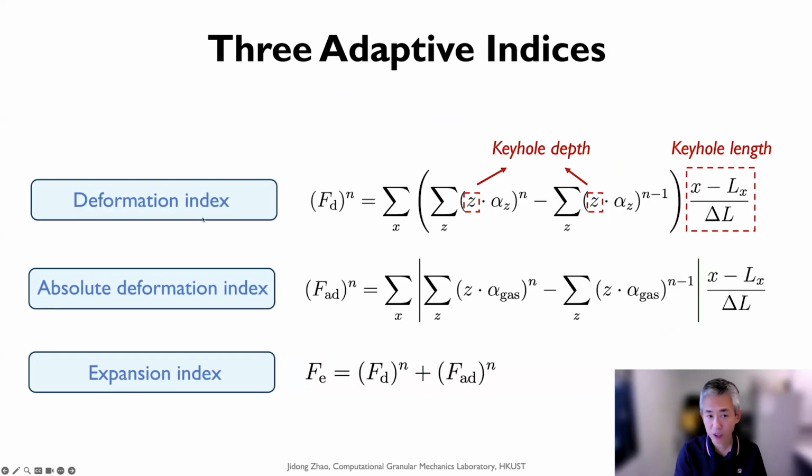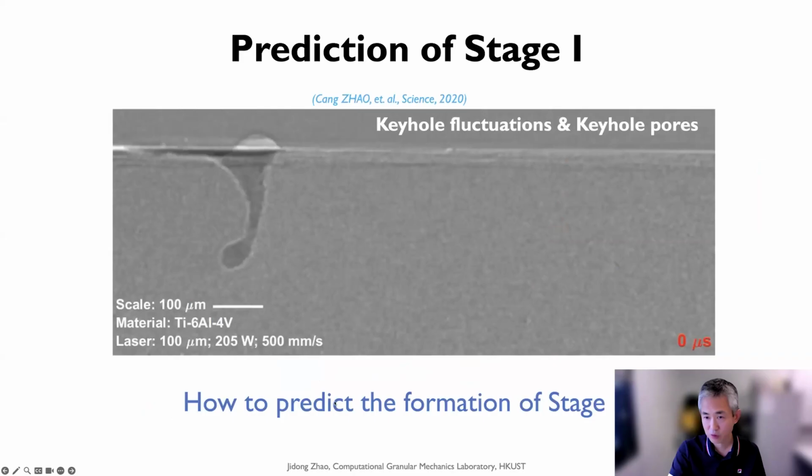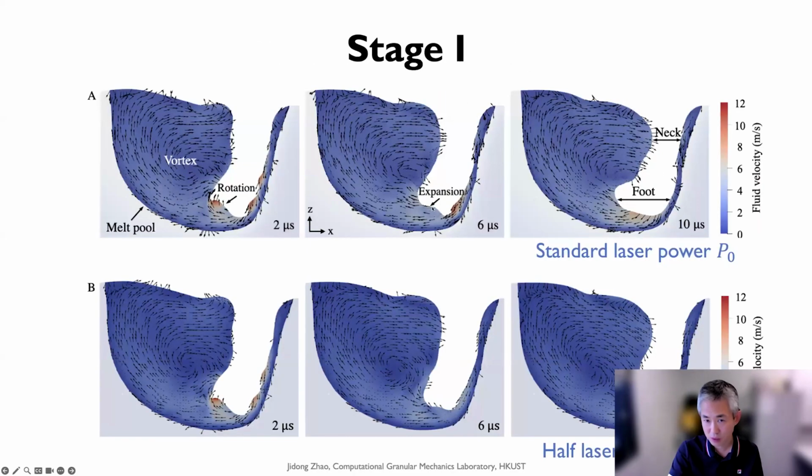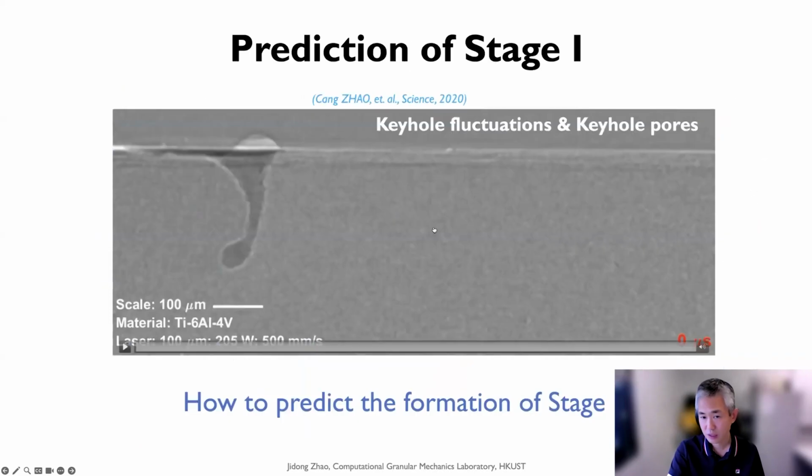One is related to deformation of the keyhole itself, relative deformation, and another is absolute deformation, and another index is expansion. Expansion is the bottom part I mentioned, and this is a very typical one. If this expansion goes on, it can easily generate a small keyhole tip, which easily generates a protrusion and a keyhole pore.